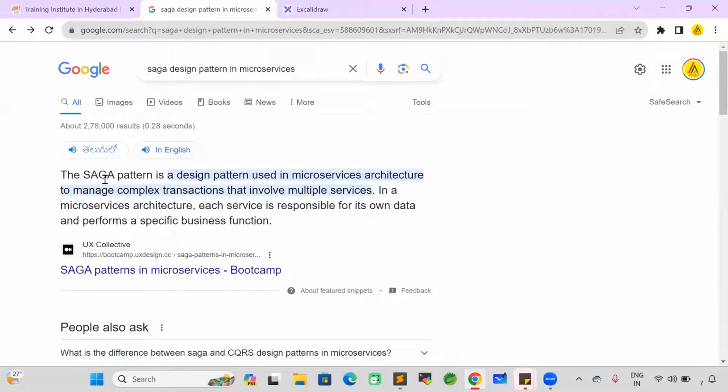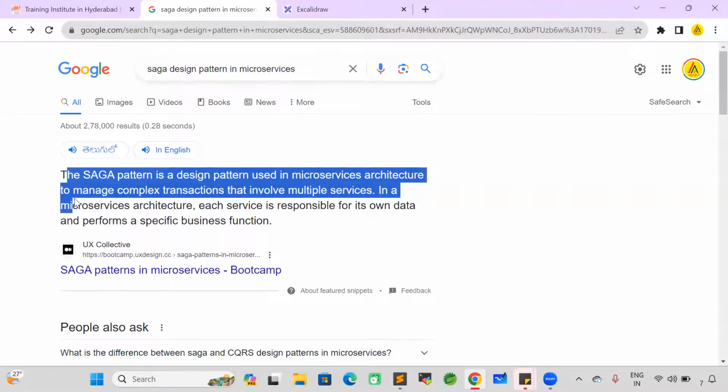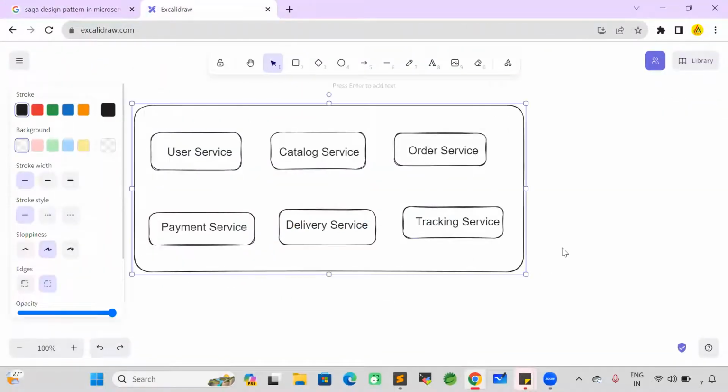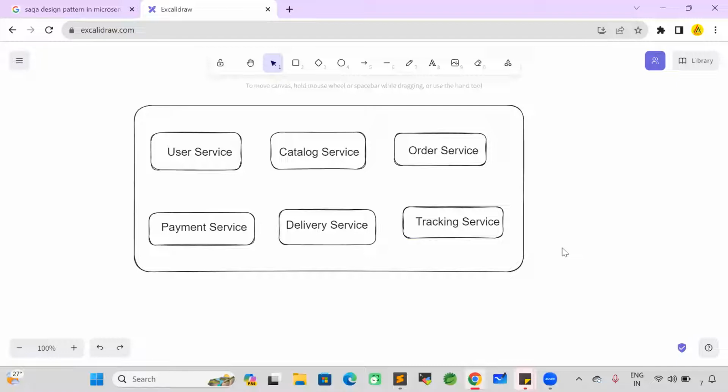That is what they are saying here: SAGA is a design pattern used in the microservices architecture to manage complex transactions that involve multiple services. In our application, multiple services will be involved, and every service will maintain its own data and is responsible to perform some operation.